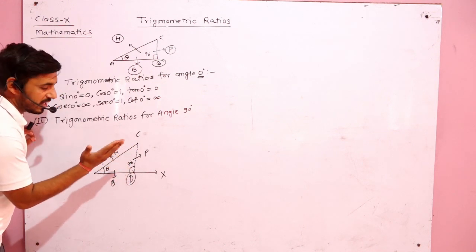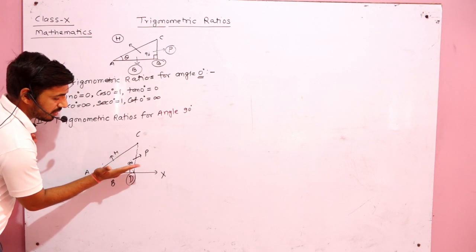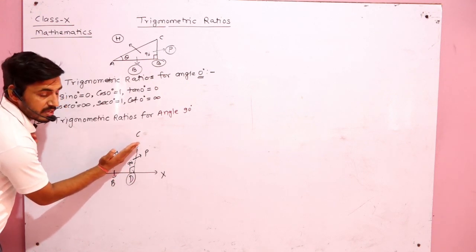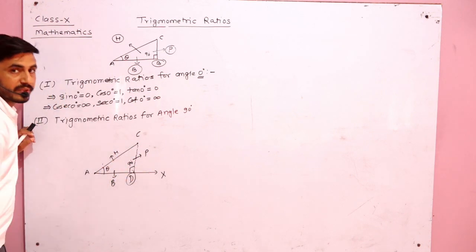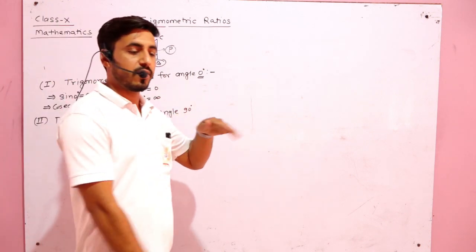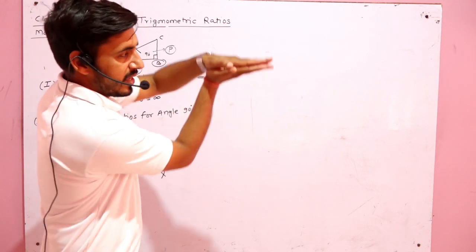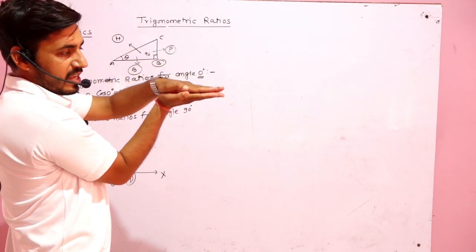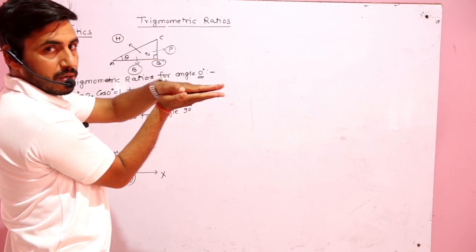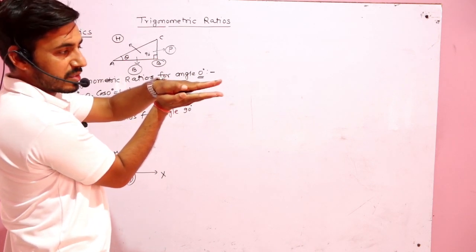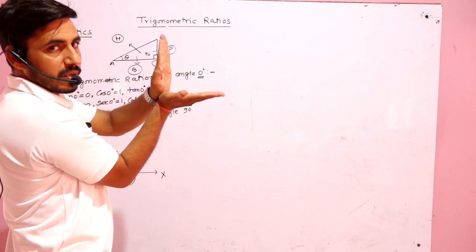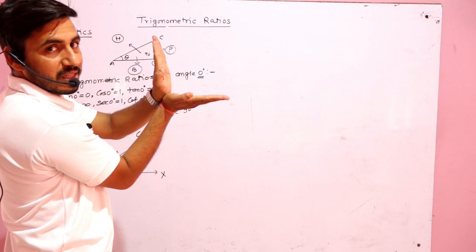First see here, in this condition first this line is coincident on this line. It means both the lines are coincident. It means in this condition, if I am taking as this situation and if I am moving this line towards 90 degree perpendicular, then the condition will be obtained like this.